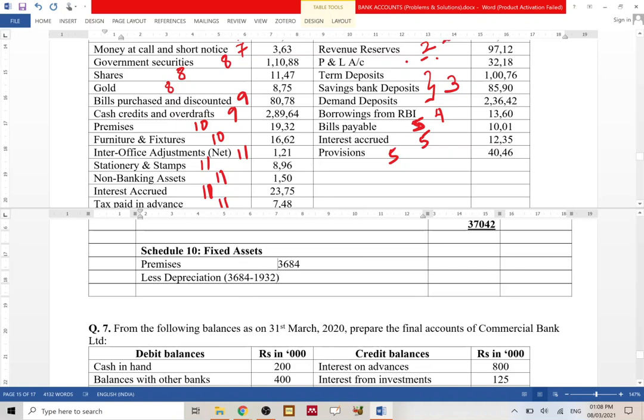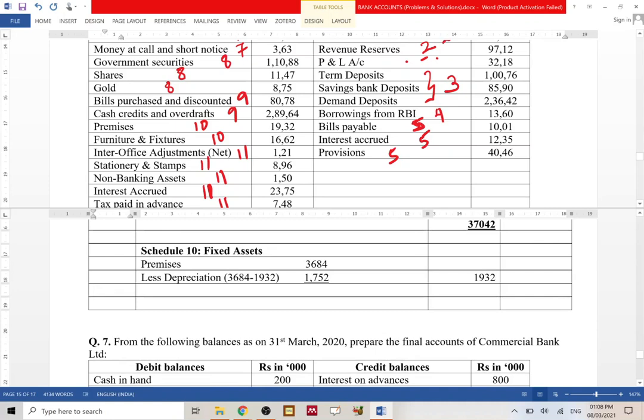Okay, so if you minus the two things, you get the depreciation amount, which is 1752. Done. So actual balance 1932. 1932 is what we had in the problem.